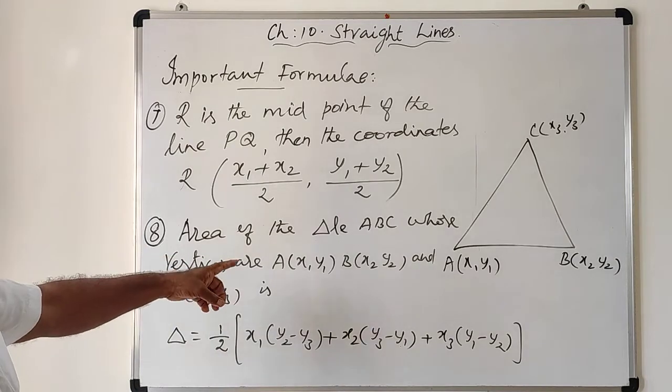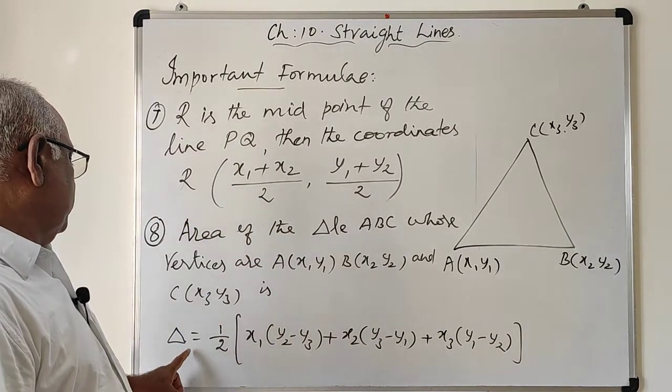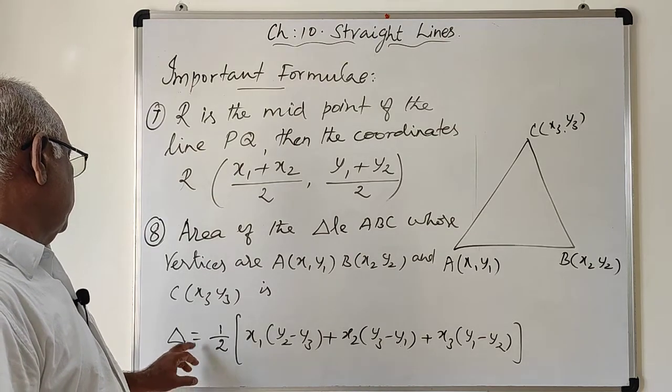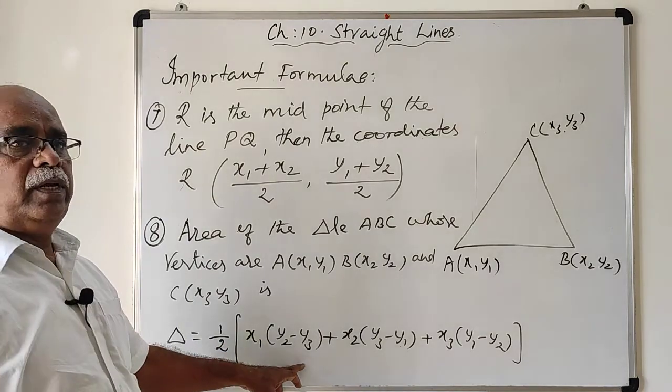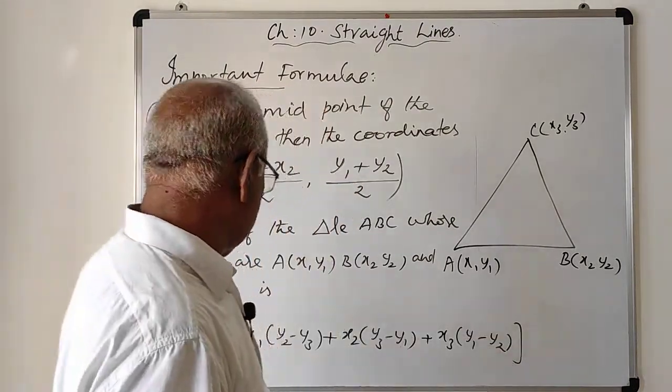Then the area of the triangle ABC is half into x1 (y2 minus y3) plus x2 (y3 minus y1) plus x3 (y1 minus y2).